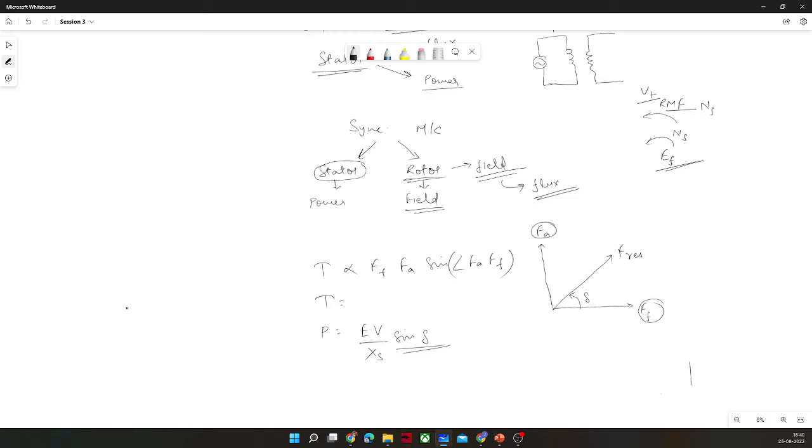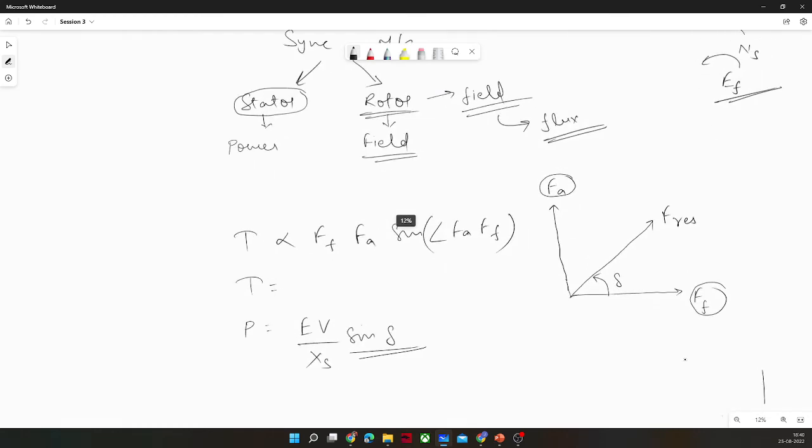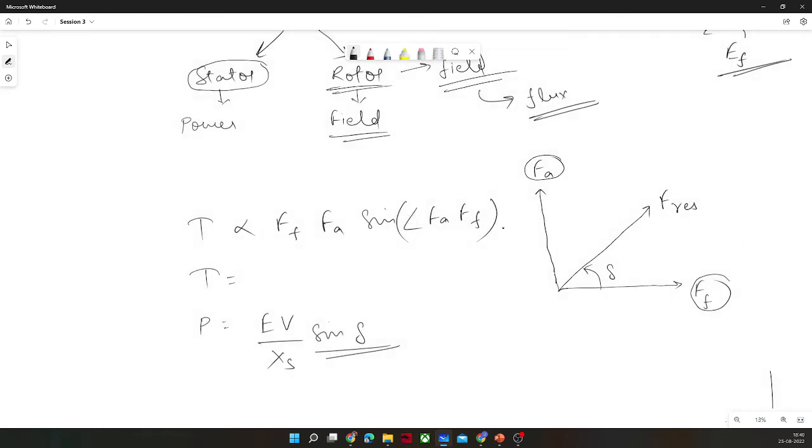Orthogonal to this vector, EF would be generated. And orthogonal to this FF, corresponding to that amount of field, VT would be generated.